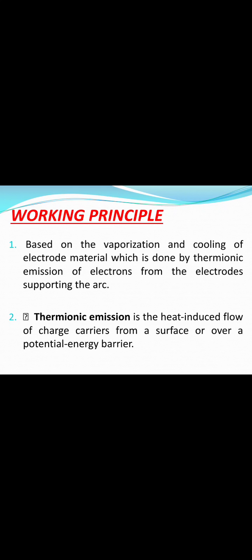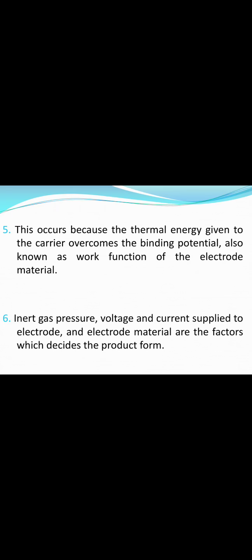Thermionic emission is the heat induced flow of charge carriers from a surface or over a potential energy barrier. Okay, so this is called thermionic emission, and this occurs because the thermal energy is given to the charge carriers so they overcome the binding potential, also known as the work function of the electrode material.